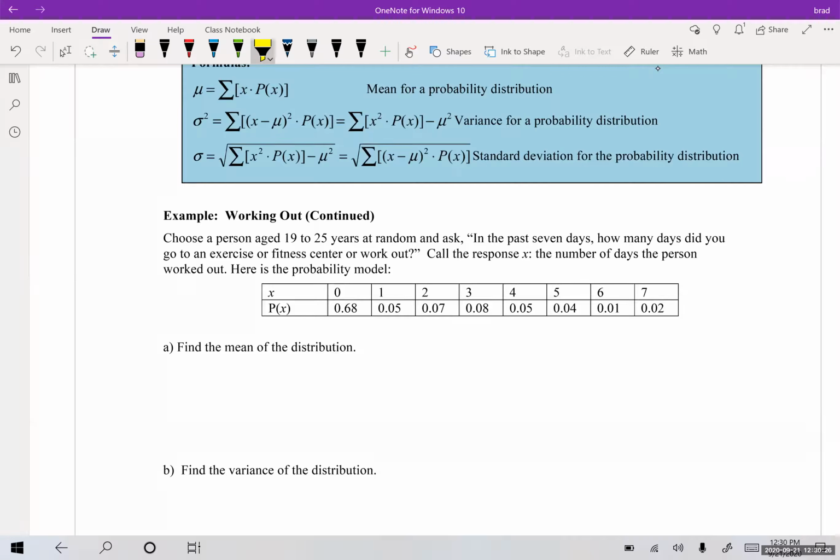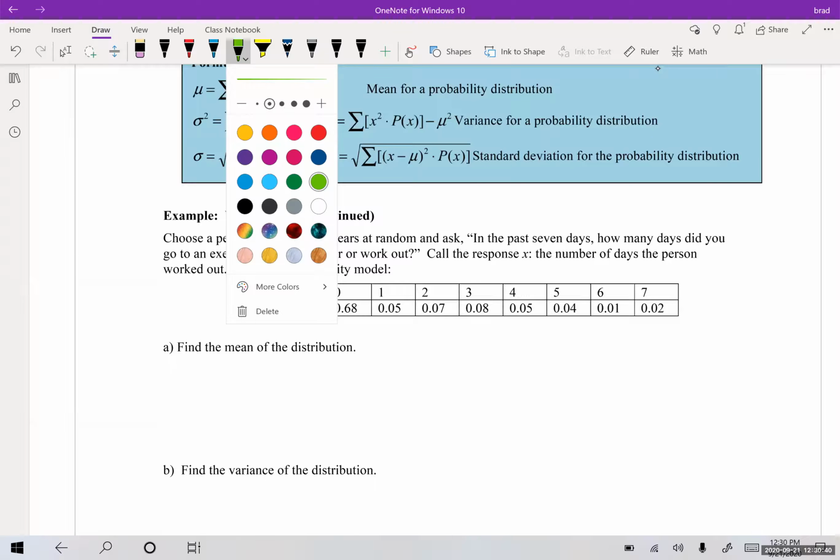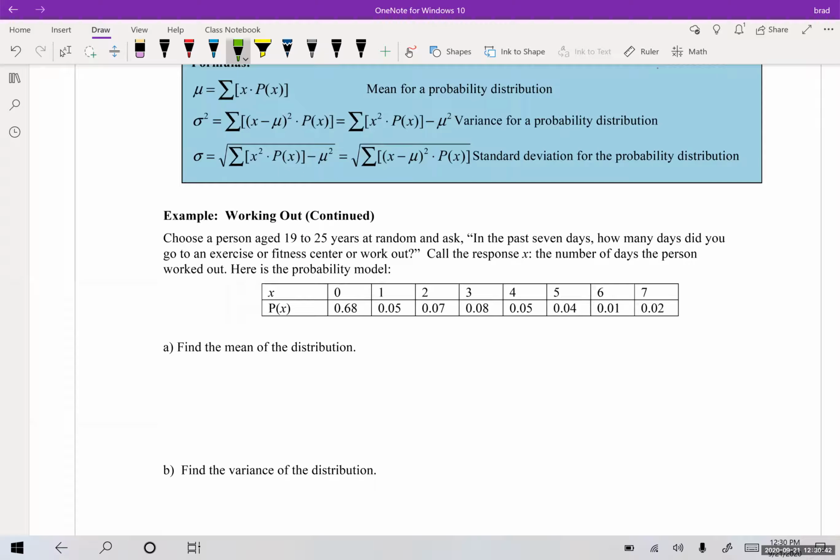Well, in order to find the mean, it says that we have to do mu is equal to the sum of X times P of X. So that means I have to multiply every single one of these P of X's times the matching X. So let's write it right here. I have to do 0 times 0.68, which is 0.